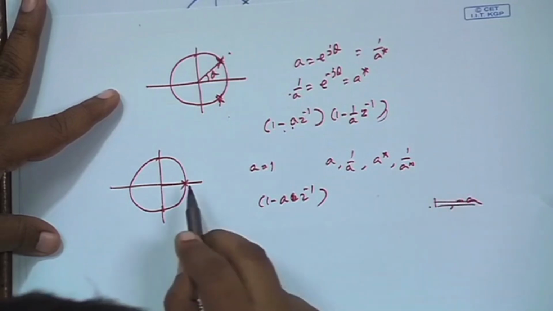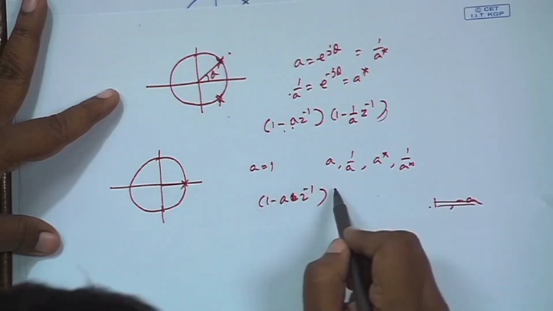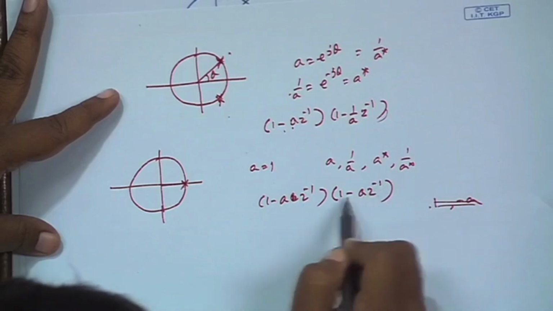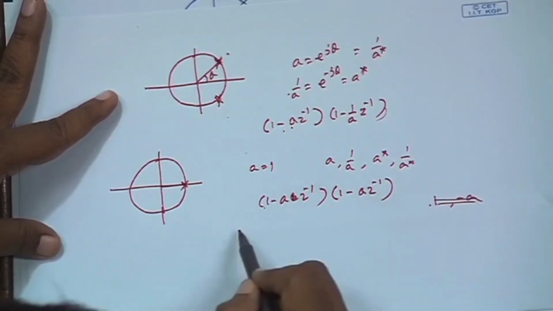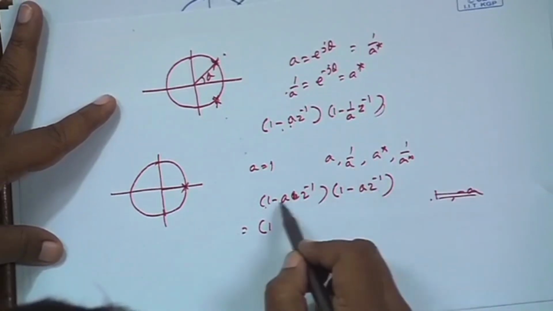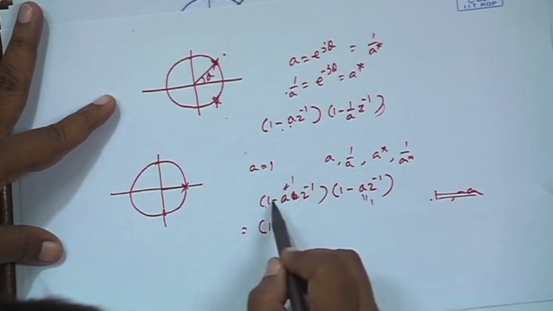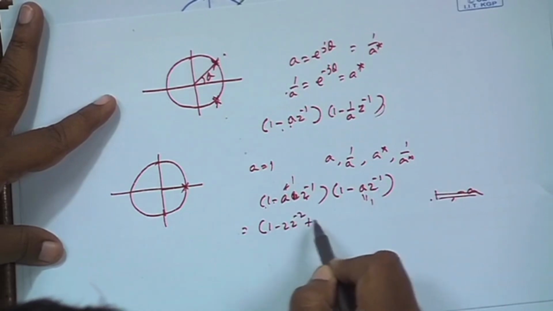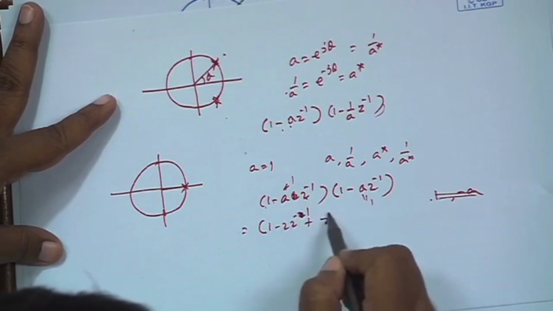Therefore, in this case, if A is here, there must be one more term, that is this 1 minus A z inverse should repeat. Then A is 1, so you have 1 minus z inverse, 1 minus z inverse, which gives 1 minus 2 z inverse plus z inverse squared.